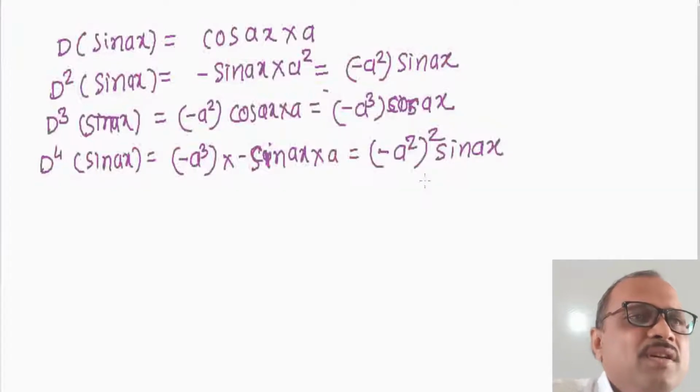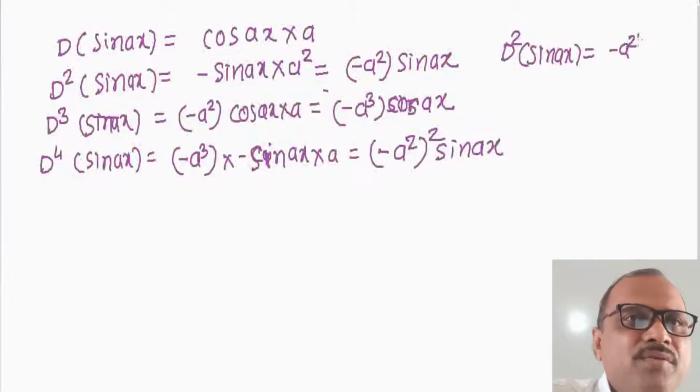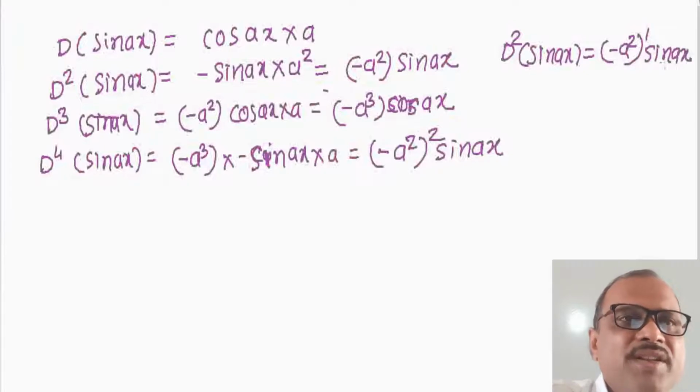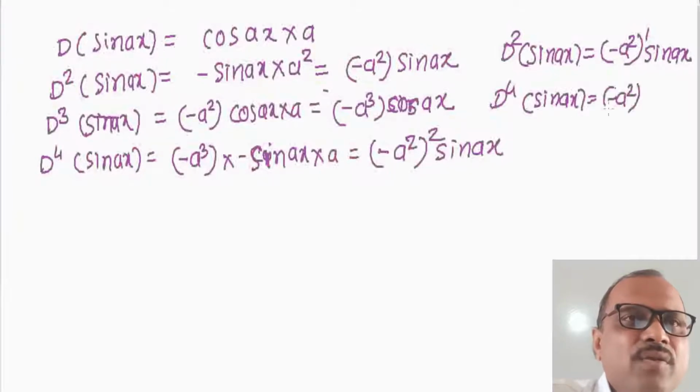Now compare these terms. D square of sine ax gives minus a square whole raised to 1 into sine ax. D raised to 4 of sine ax gives minus a square whole square into sine ax.